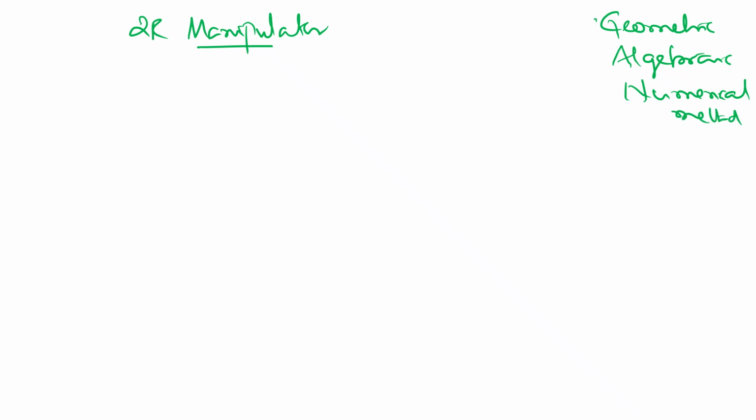There are two methods: one is the geometric method, and another one is the algebraic method. We have numerical methods as well. Let's see the geometric and algebraic methods in this class.